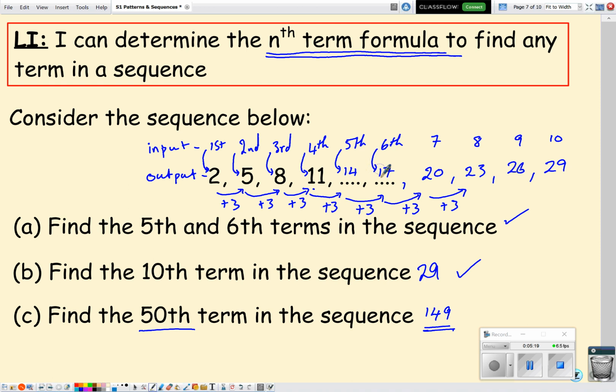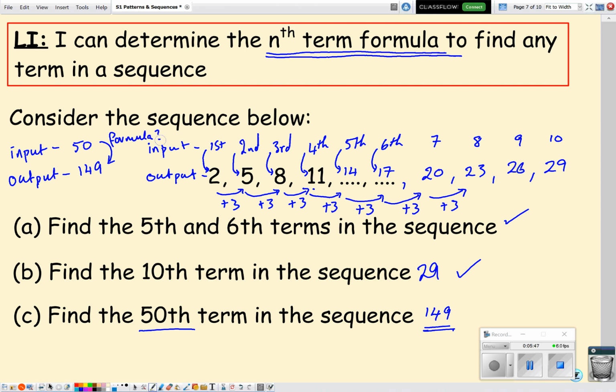And that's useful because instead of having to work out all 50 terms, if I knew the input was 50, then I would have a formula that would give me the output of 149. And so today's lesson is all about how to work out what that formula is.